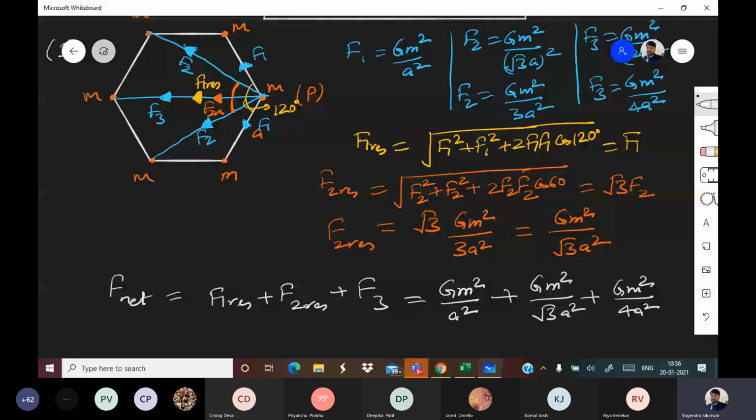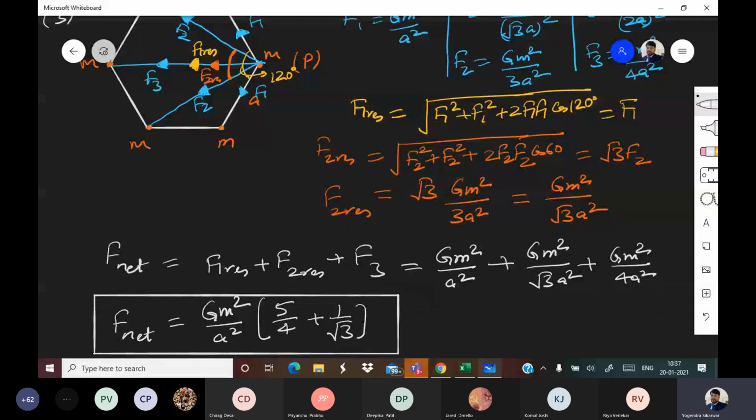F net will be Gm square upon A square times 5 by 4 plus 1 by root 3.